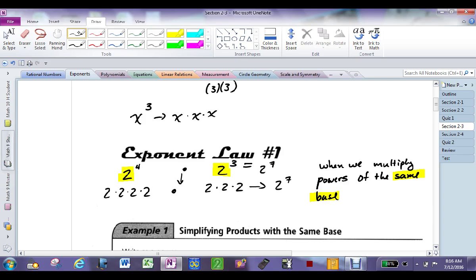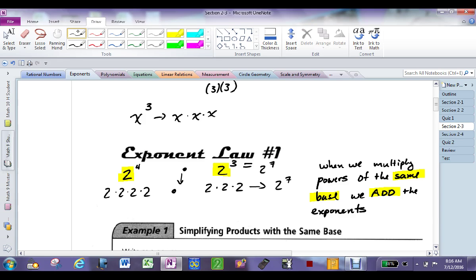When we multiply powers of the same base, we add the exponents. Now, when do we add the exponents? When they're the same base.